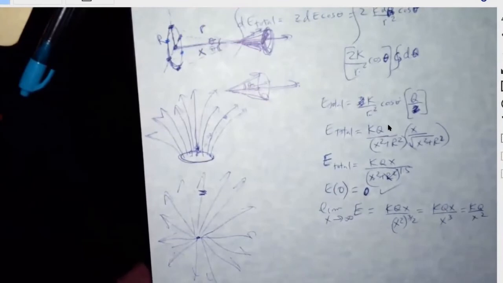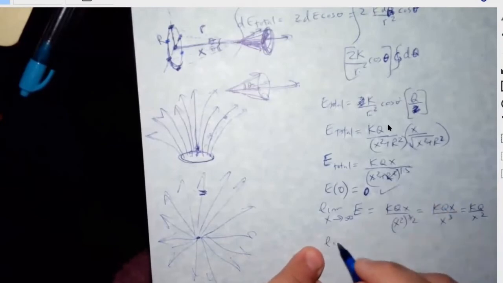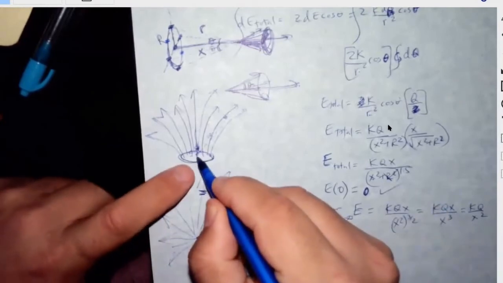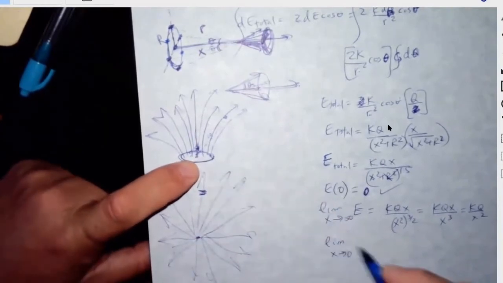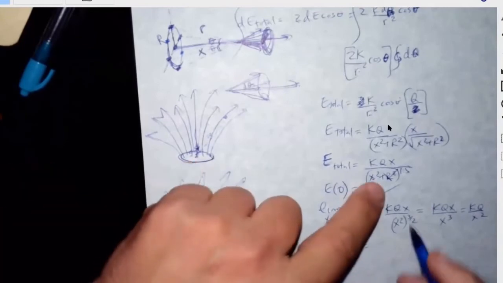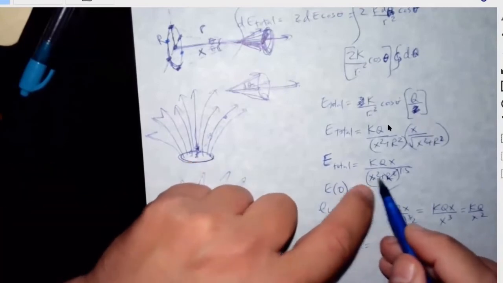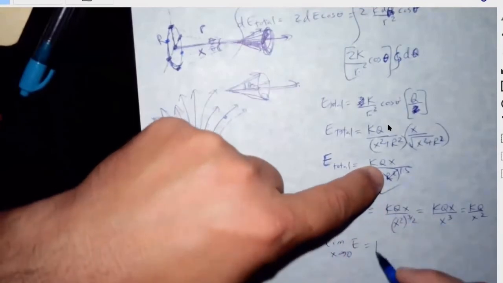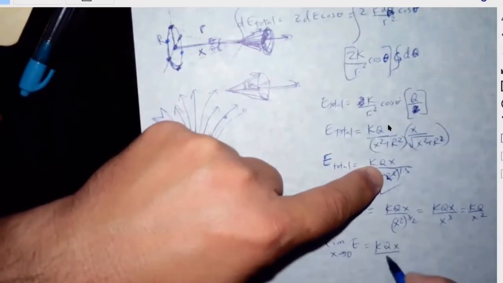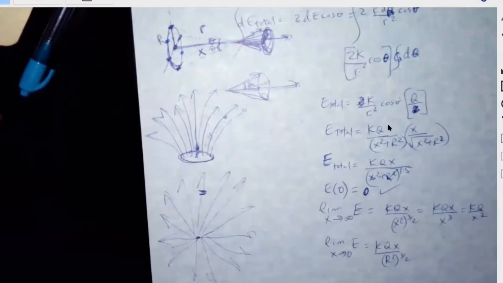That's perfect. The other thing we could do is find out the behavior of the E field when you're close to the ring, like right here, but not way at the center of the ring. So the limit as x goes to 0 of the E field. When x is small, R squared survives, and x squared disappears. So you have R squared to the 3/2 power, and you get what?